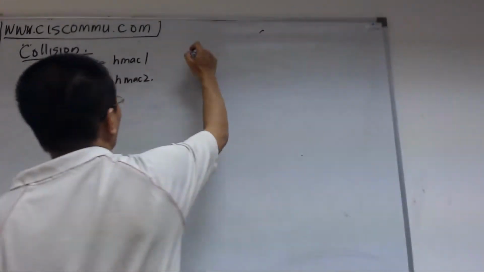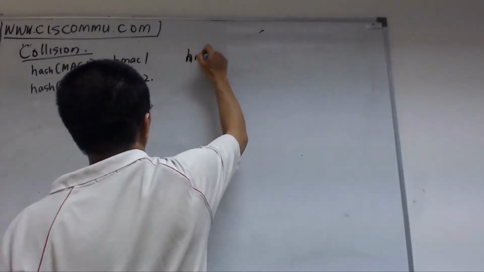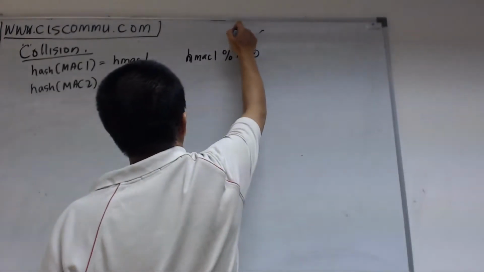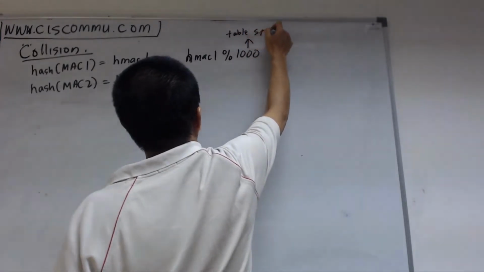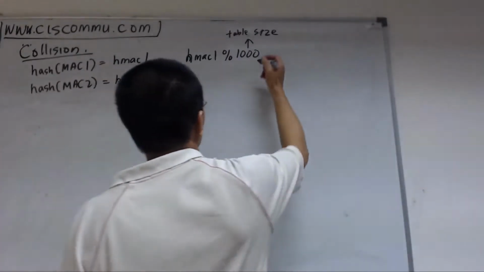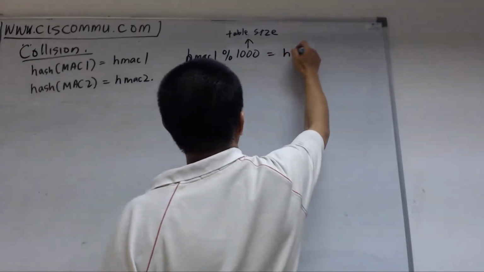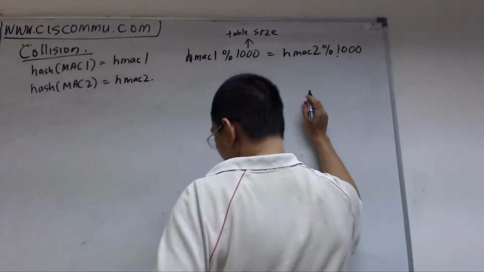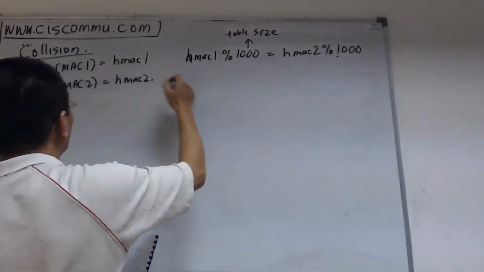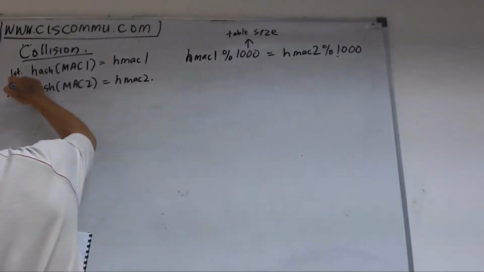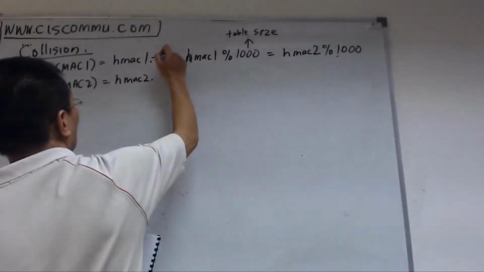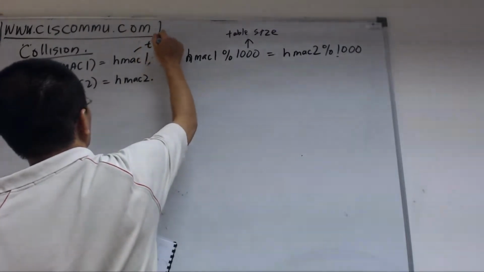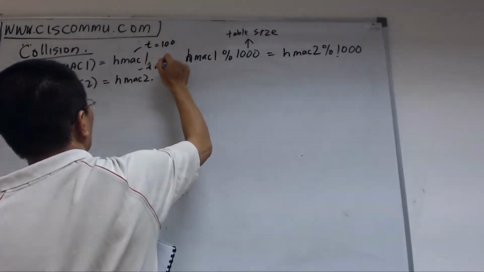But when you take HMAC1 modulus 1000, the table size, and HMAC2 modulus 1000, they come out equal. Let's say the first is at T equals 100 and the second at T equals 101.